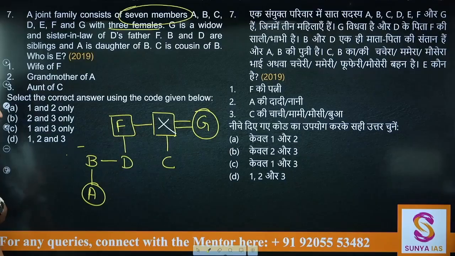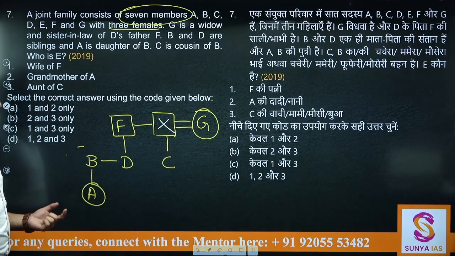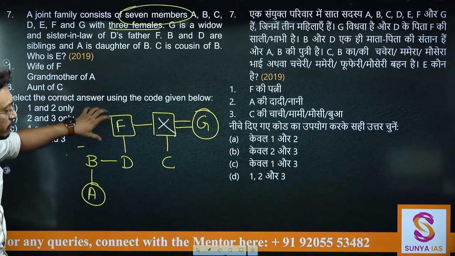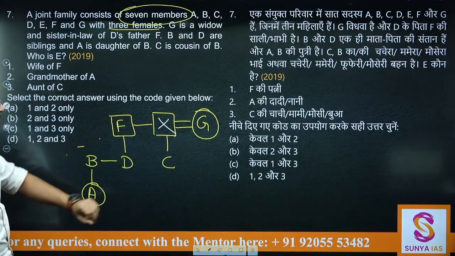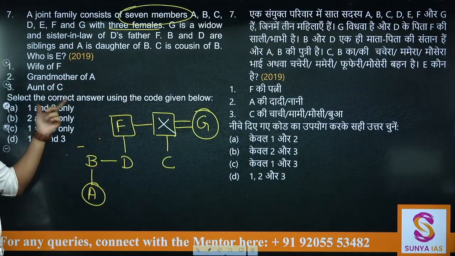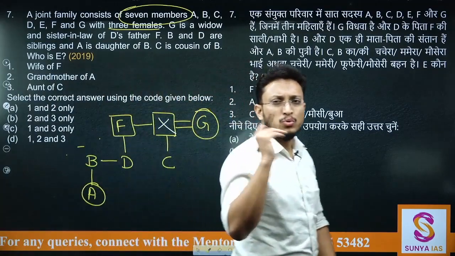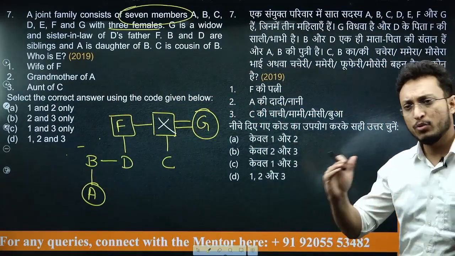Now who is E? Right now we don't know who is E. E can be associated with F, might be associated with B, might be associated with C, but just see the options. In the options, what you know is either 1 and 2, 2 and 3, 1 and 3, or 1, 2, 3 all are correct.